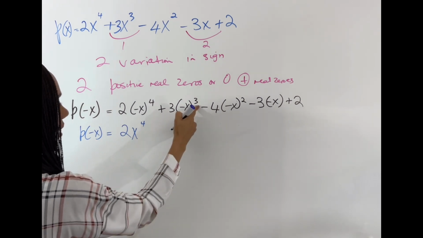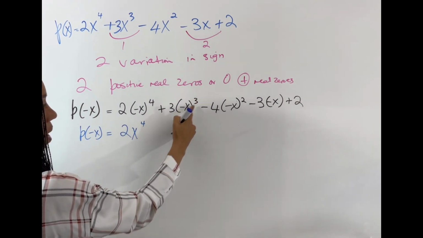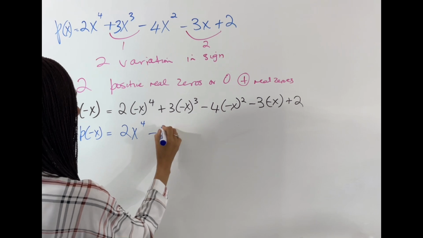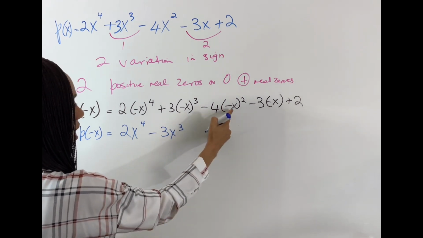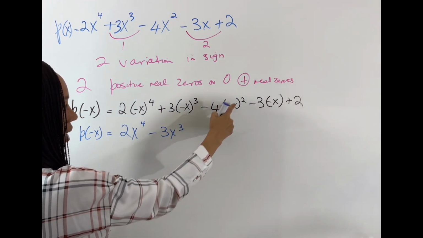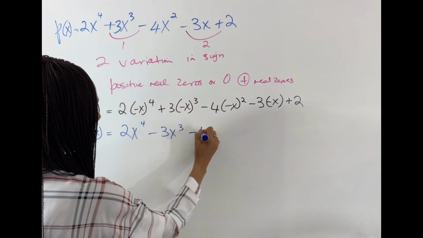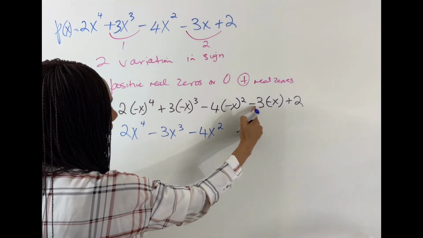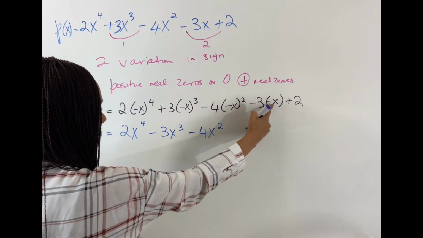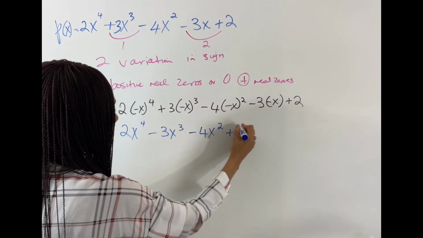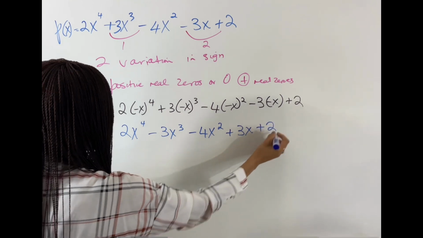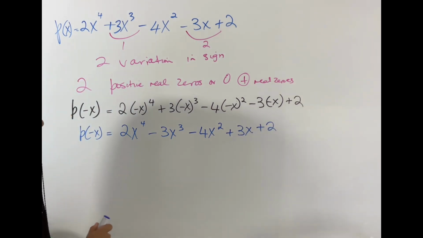Negative x to the 3rd power is negative, so we end up with negative 3x to the 3rd power. Negative x to the 2nd power is positive, but you have a negative 4 here, so it's negative 4x squared. And negative 3 times negative x is a positive 3x, and you have your 2, which is the constant term.